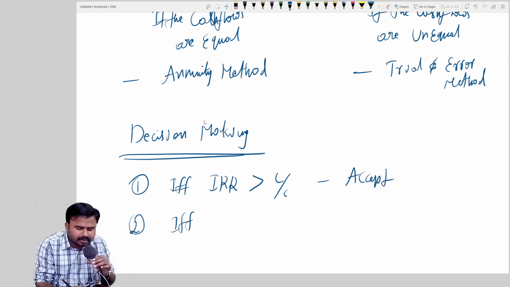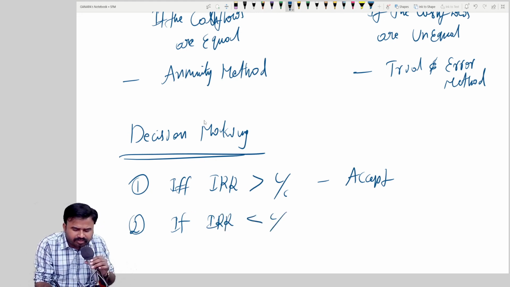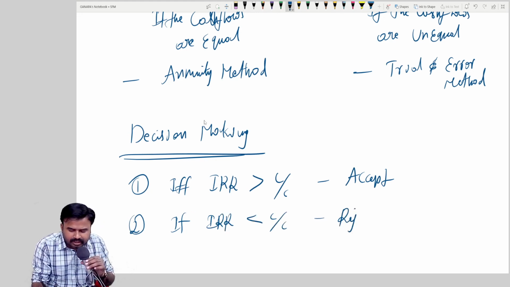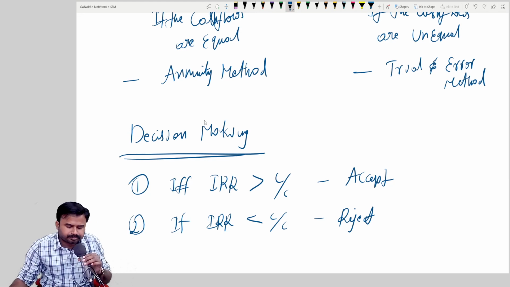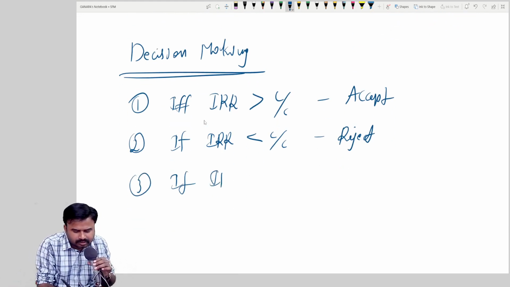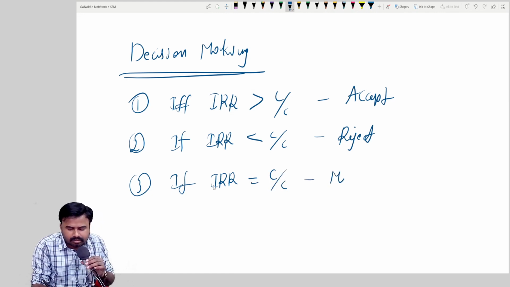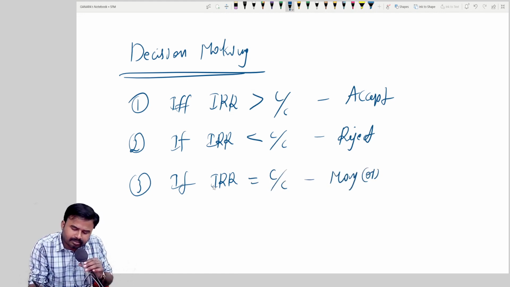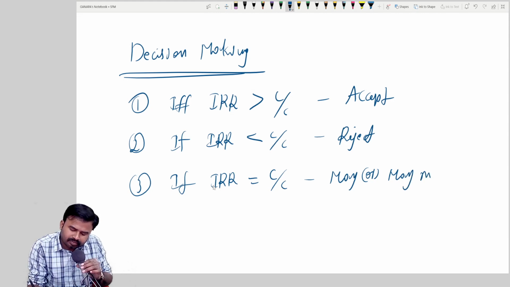If IRR is less than cost of capital, then reject the project. If IRR is equal to cost of capital, may or may not accept the project.